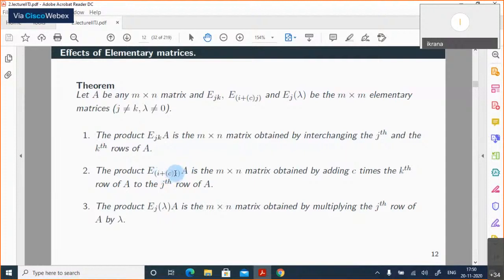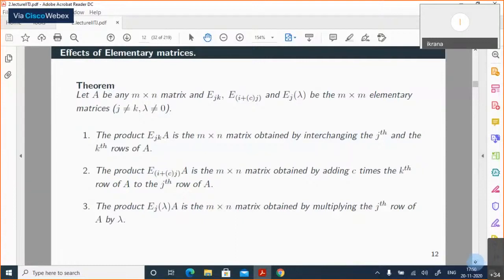The jth row will remain the same. And similarly, the third one is the elementary operation of multiplying the jth row by a scalar alpha. So if you want to multiply the jth row of A by alpha, you pre-multiply by that matrix. The proofs of these are not very difficult to check.